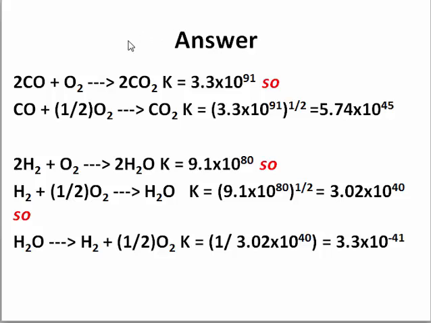Now consider, if 2 CO plus O2 goes to 2 CO2, with K equal to 3.3 times 10 to the 91, I can divide each of the coefficients by 2. CO plus half O2 goes to CO2. And then I can take the square root of K to find the new K value for this reaction.